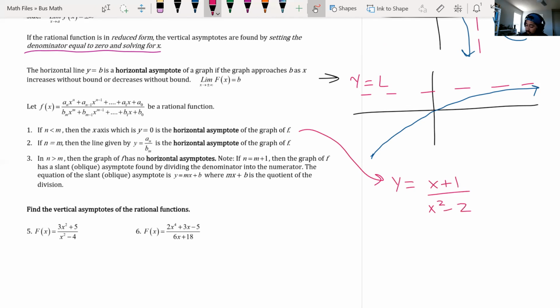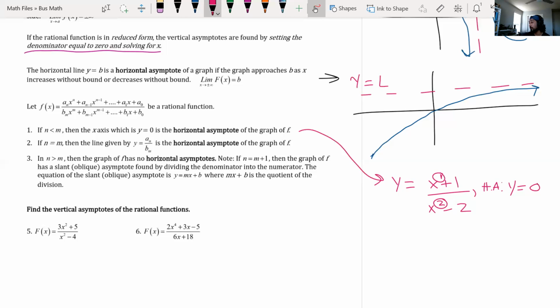The degree of the numerator is 1. The degree of the denominator is 2. So by rule 1, since the degree of the numerator is smaller than the degree of the denominator, we automatically get a horizontal asymptote of y equals 0. Okay, that's rule 1. Easy. If the degree of the numerator is smaller than the degree of the denominator, y equals 0 is your horizontal asymptote.